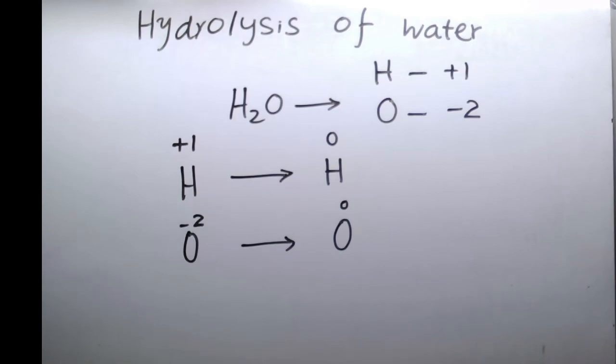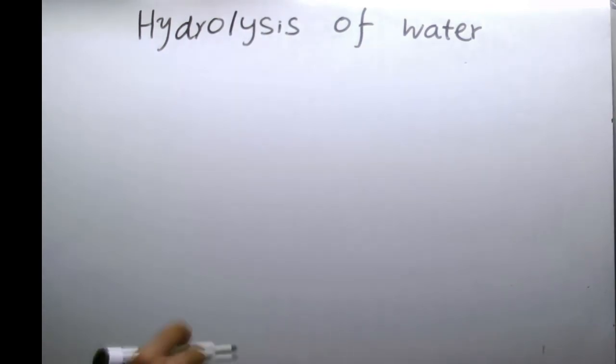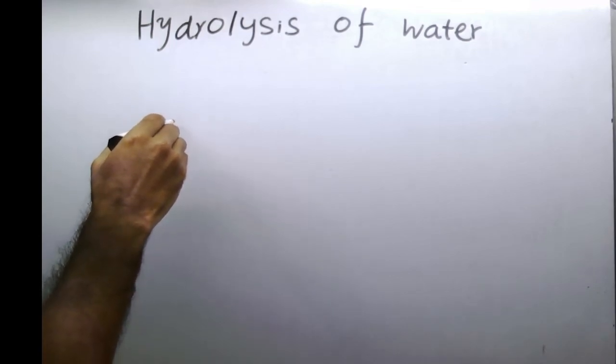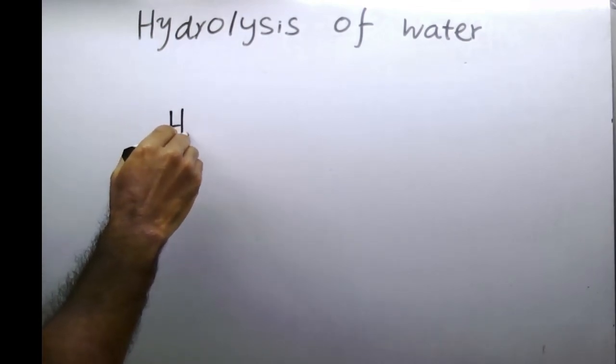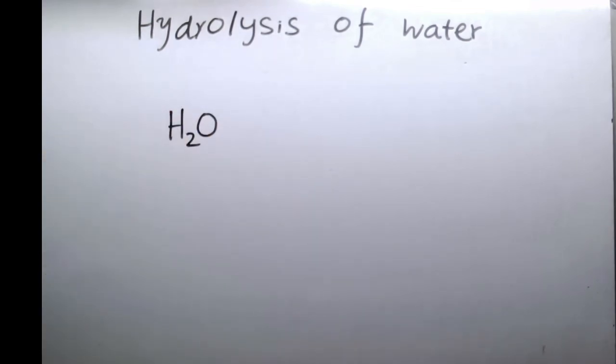Now let us create the half reactions that are involved in the hydrolysis of water. Both hydrogen and oxygen are in the form of water, so we use water here.